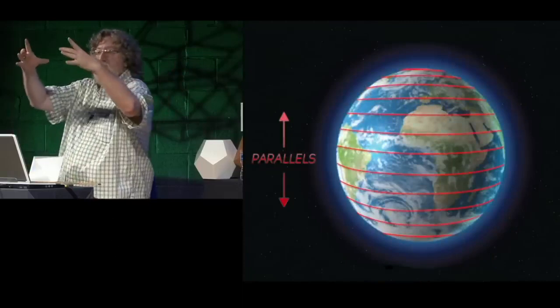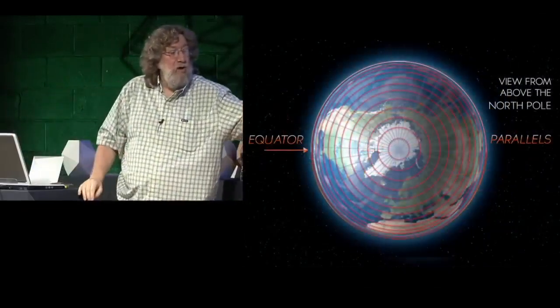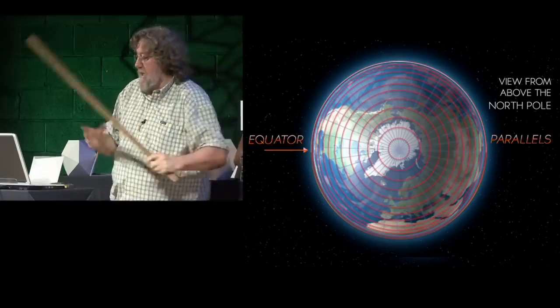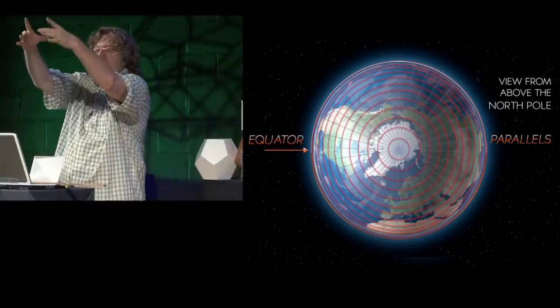So again, parallels are going to be circles, and the biggest circle is going to be the equatorial circle, and as you travel towards the poles, those circles get smaller.